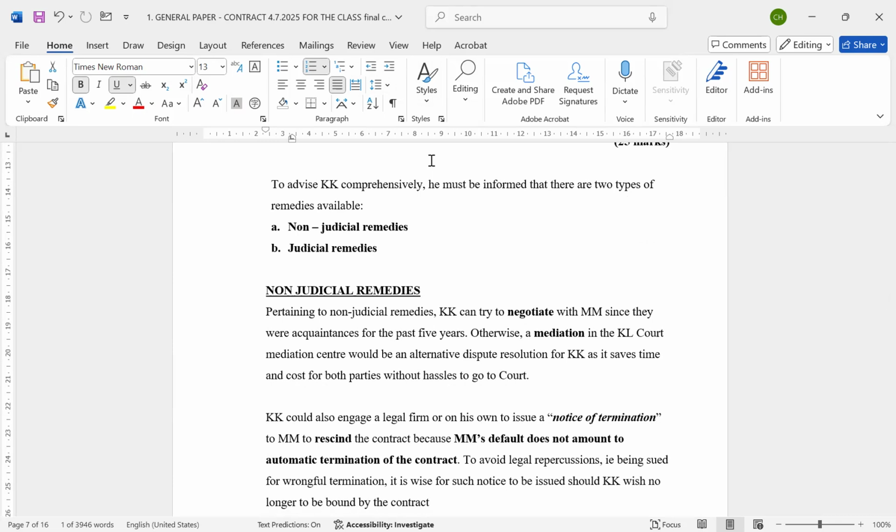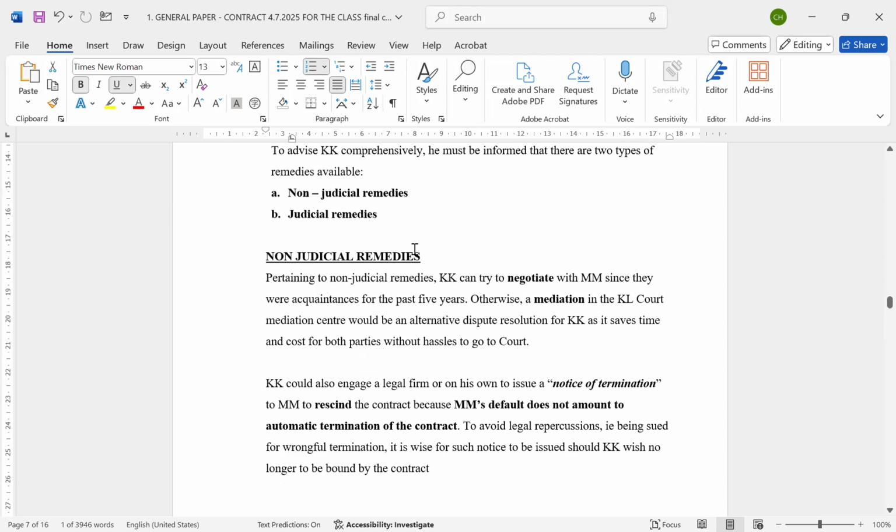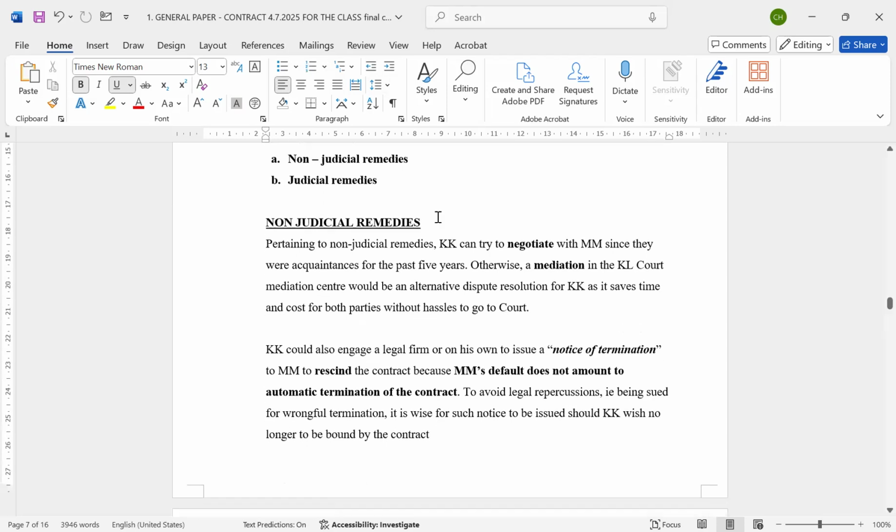Actually, in real life, in many cases, the judge will ask you to settle out of court. So non-judicial remedies must also come into your mind because you want to show the examiners that you are a qualified person to enter the bar.